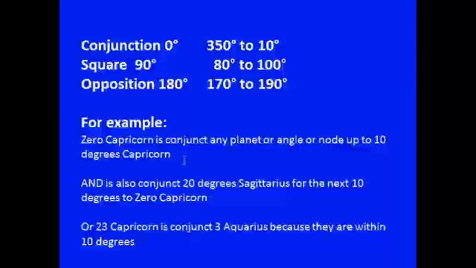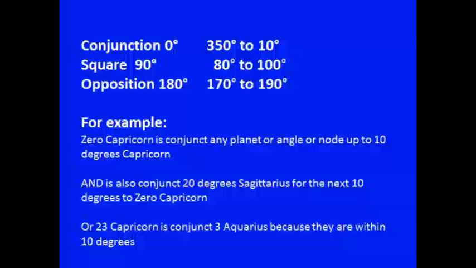But because it's just moving into the new sign, it'll also be considered conjunct if there's a planet, angle, or node at 20 degrees Sagittarius. So from 20 degrees Sagittarius to 10 degrees Capricorn, with 0 Capricorn being right in the center of that, that represents the 10-degree orb on either side of that 0 point.